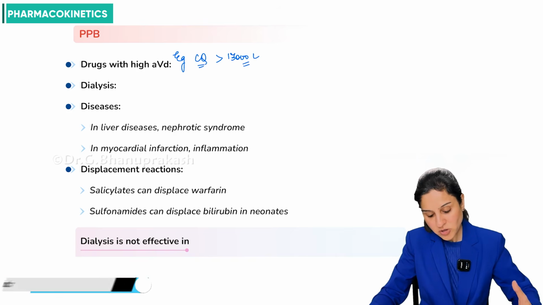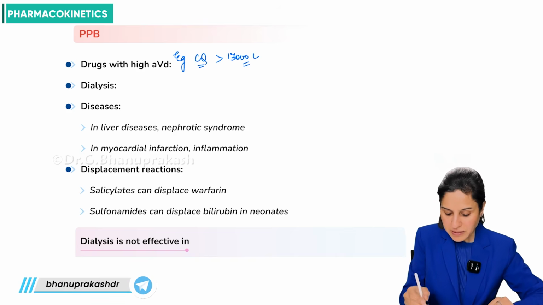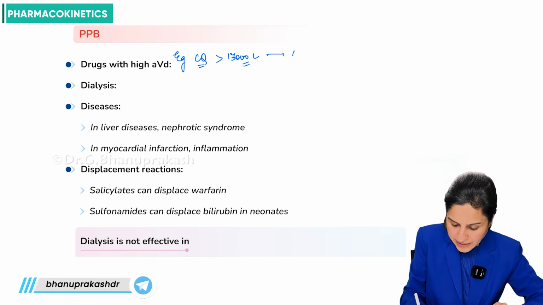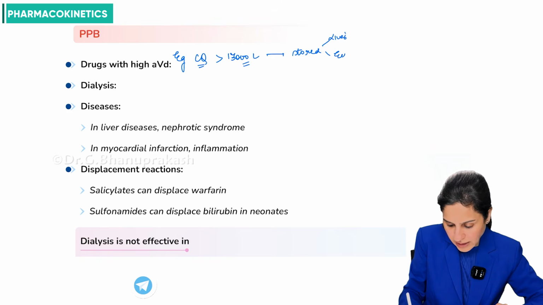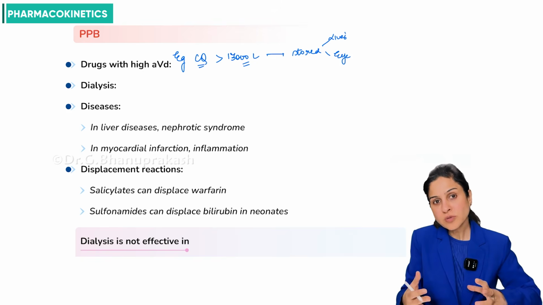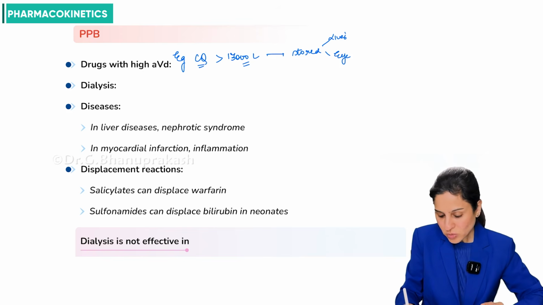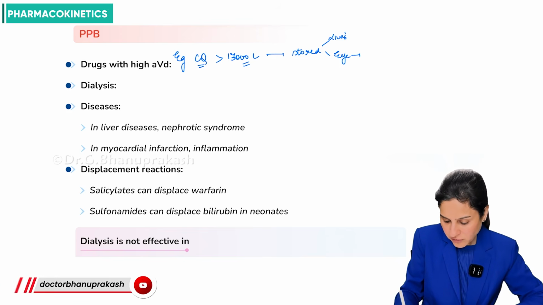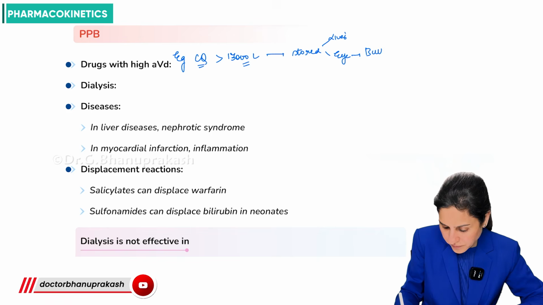It means this drug goes and gets stored in various tissues, in the liver and in the eye. Therefore, long-term use of this drug can lead to an adverse effect called bullseye retinopathy.